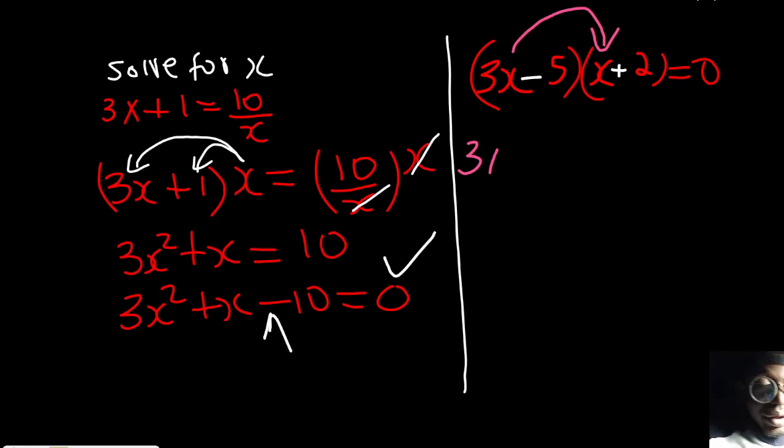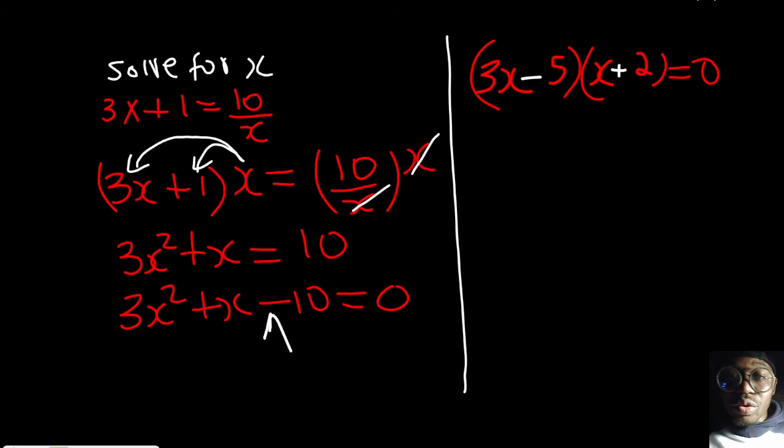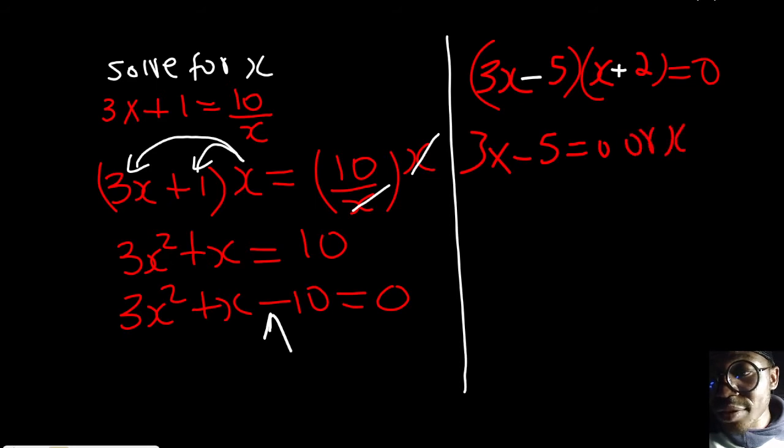Okay, so let's get rid of everything here. Okay, so that is fine. Let us finish up this problem. 3x minus 5 is equal to 0, or x plus 2 is equal to 0.